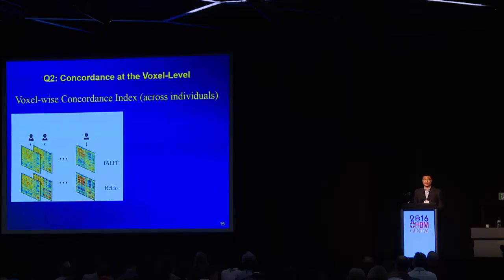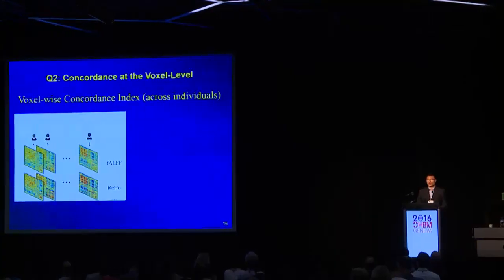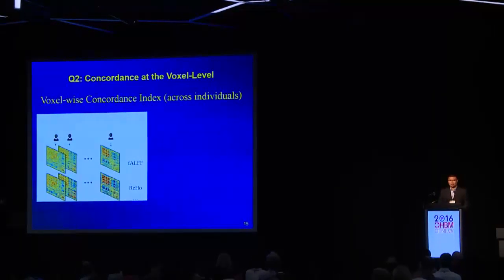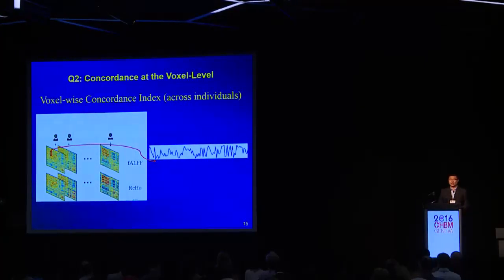The second question is, what's the concordance at the voxel level? We calculated the voxel-wise concordance index across individuals. For each participant, one voxel has a value, so across individuals, that voxel has a series. For ReHo, we also have a series for that voxel.